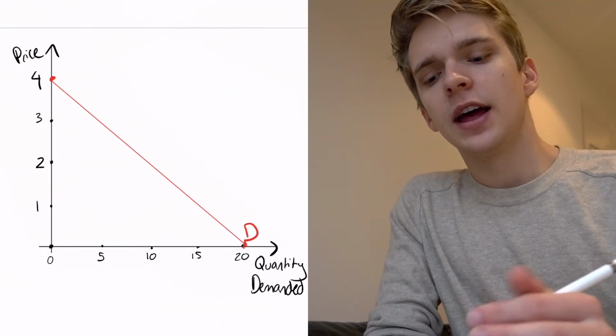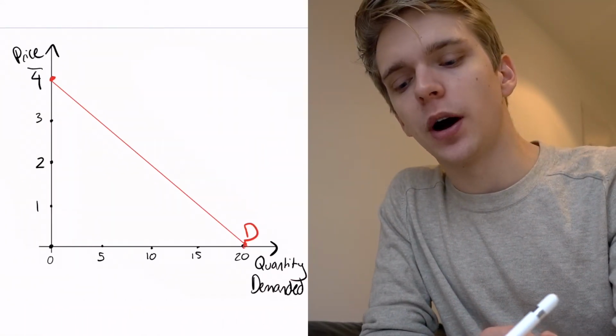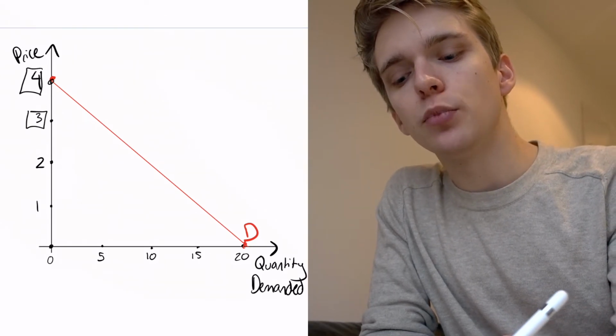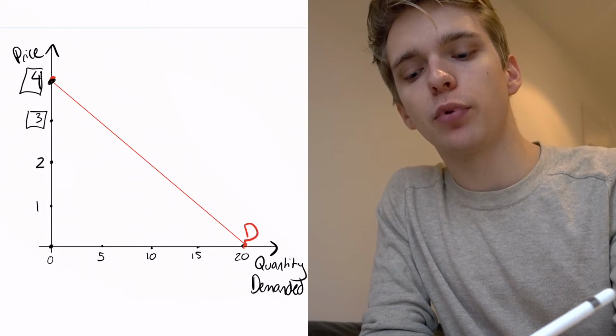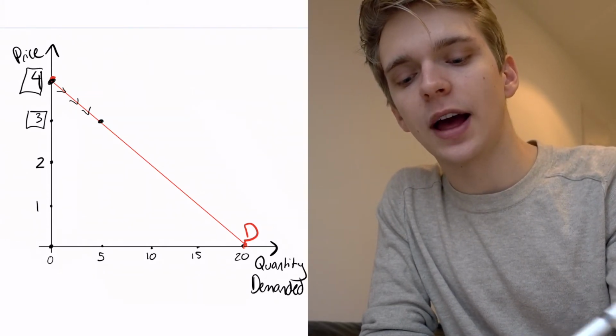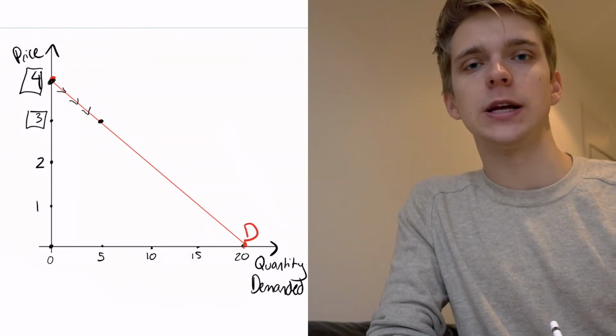So what is a movement along a demand curve? Well, we see a movement along a demand curve anytime we change the price of the good that we're considering. So let's go back to our example earlier when we were talking about chewing gum. If we decrease the price of chewing gum from 4 to 3 euros, we're going to move along our demand curve from the point up there to the point at which the price is 3.